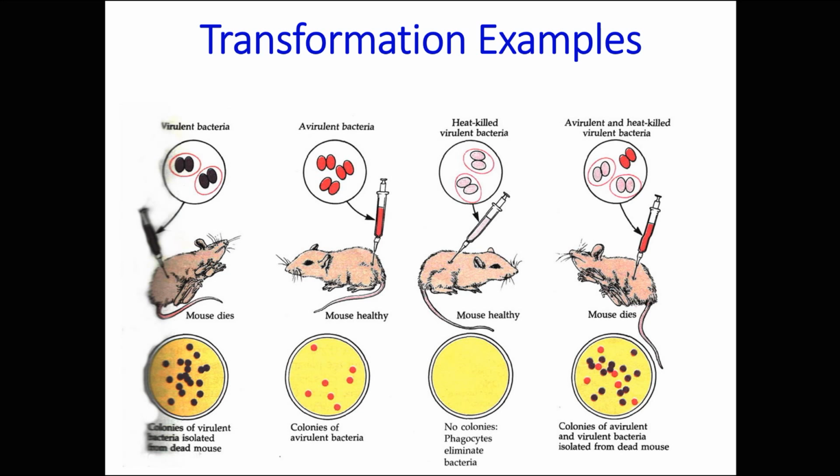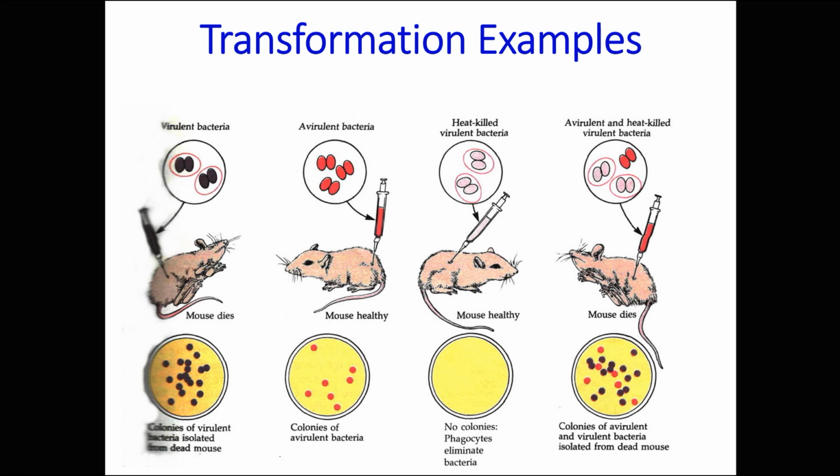He inoculated the pass from the mice on nutrient agar and detected virulent colonies. Next group, when he injected avirulent bacteria in the mice, they stayed alive. And when he inoculated the strains from the mice on the nutrient agar, he detected avirulent bacteria.